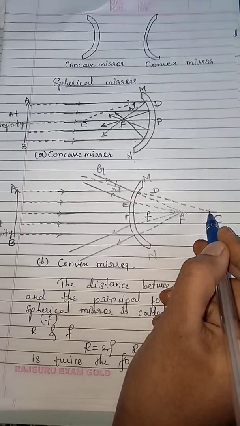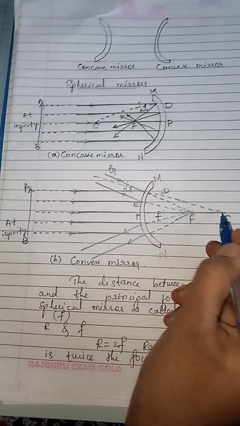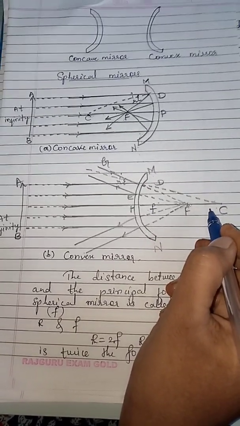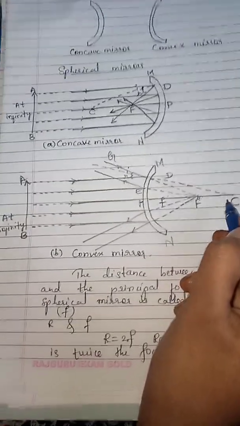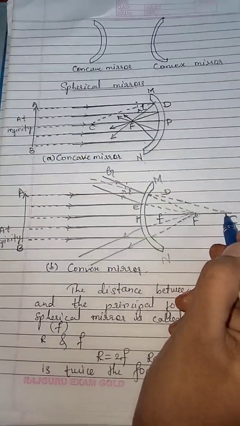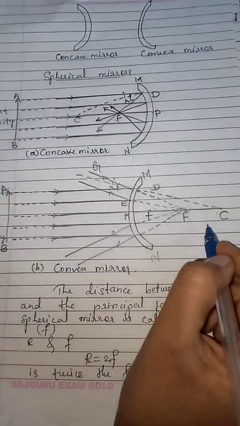And C is the center of curvature. Here the center of the sphere, of which the mirror is a part, is called the center of curvature.